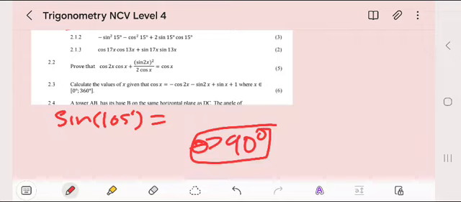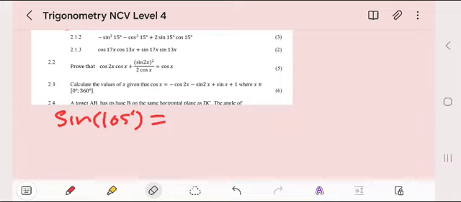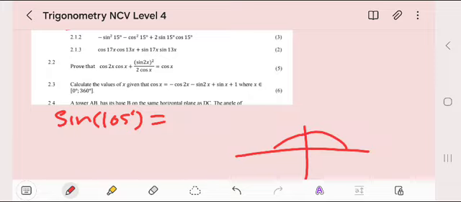Use the CAST diagram. So if this is 90 and this is 180, 105 lies in the second quadrant, where the reduction is 180 minus theta, we know that.